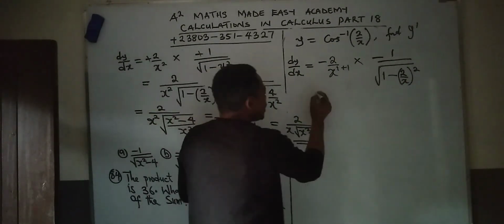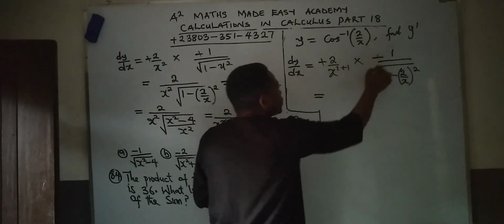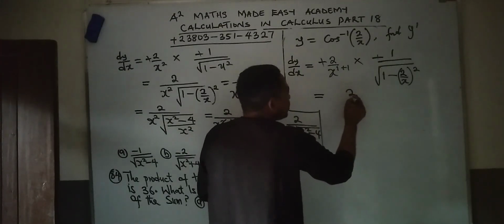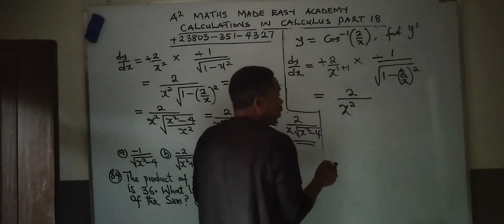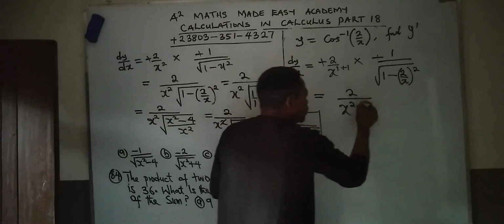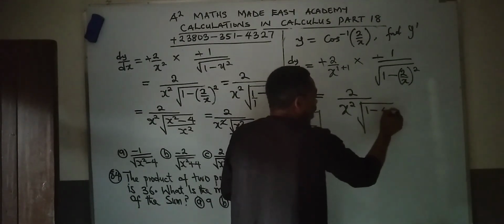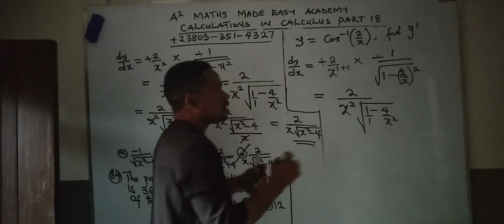Now, can we progress? We now say that this is equal to minus, we cancel minus. 2 times 1 will give us 2, right? Then, are you with me? Then all over this very particular x raised to the power of 2. Do you understand? Then I will say square root of, now open, 1 minus 2 squared is 4, right? All over x squared. Call this over 1 and take the LCM.